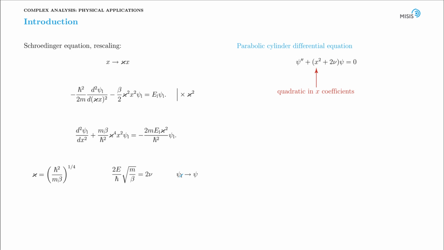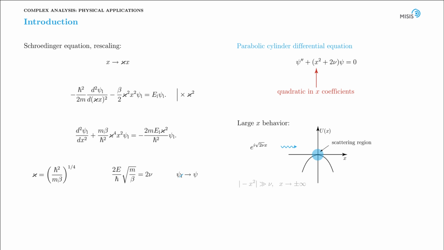Let us investigate how this equation looks far away from the scattering region, x equal to 0. Naively, we would expect that the solution looks something similar to a plane wave, which is a simple exponential. But here, the situation is slightly less trivial, since at large coordinates the potential energy, minus x squared, doesn't vanish.